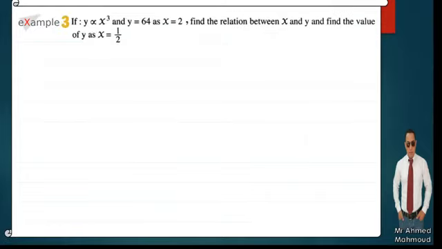In this example, y varies as x power 3 and y1 equals 64, x1 equals 2, y2 is unknown, x2 equals a half.